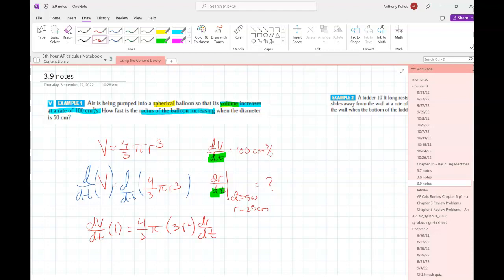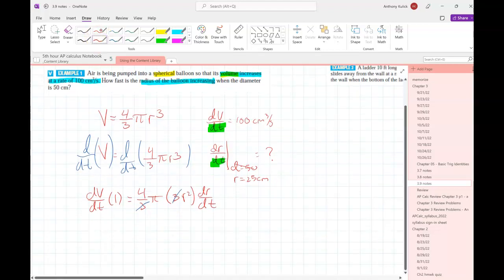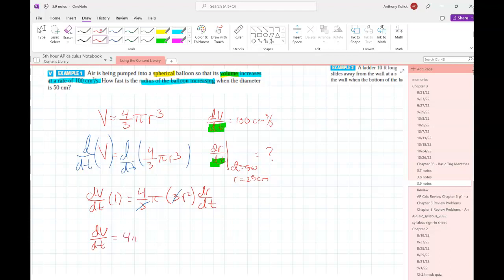Cool so far? Hopefully you noticed that you can do a little bit of light reducing there. And we're left with dV/dt equals 4 pi r squared dr/dt.